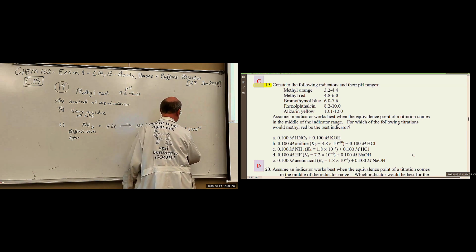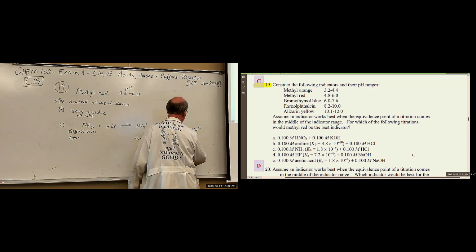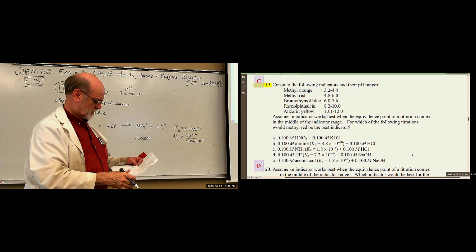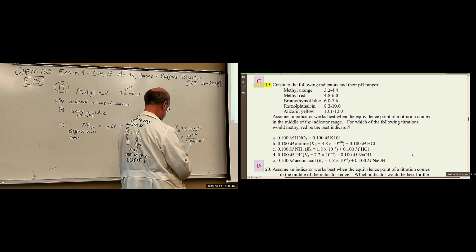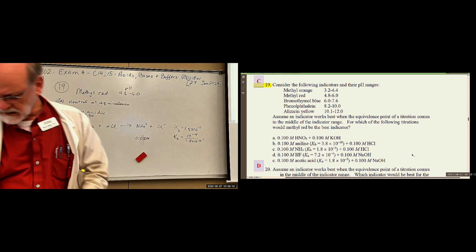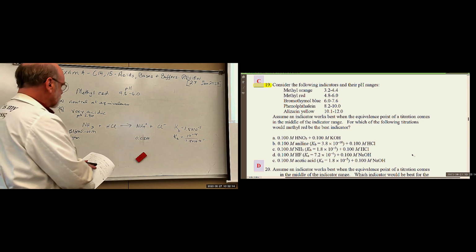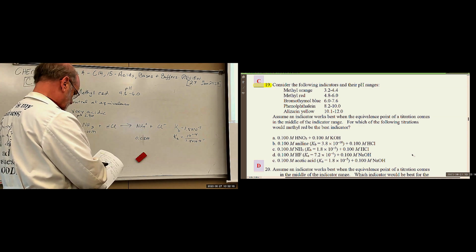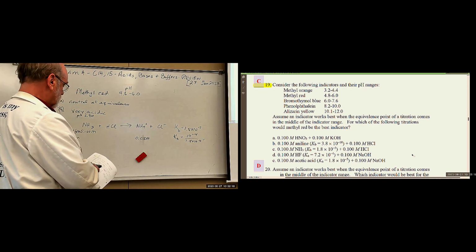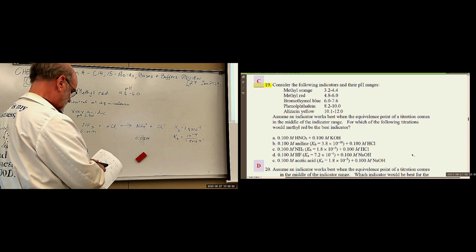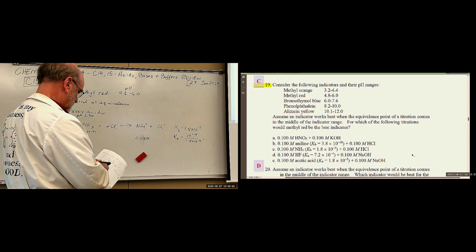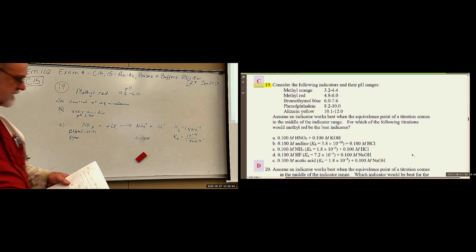But the Ka for this one is going to be 10 to the minus 14 divided by 1.8 times 10 to the minus 5. So that's 5.56 times 10 to the minus 10.